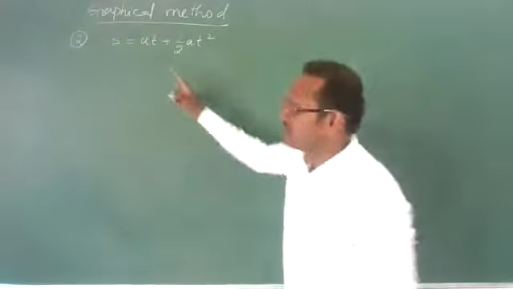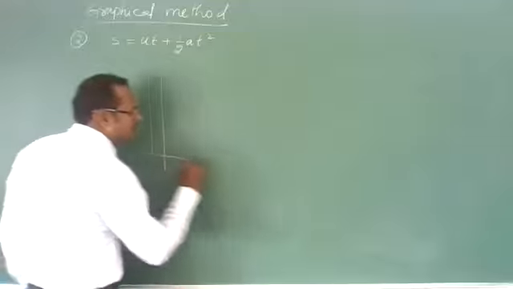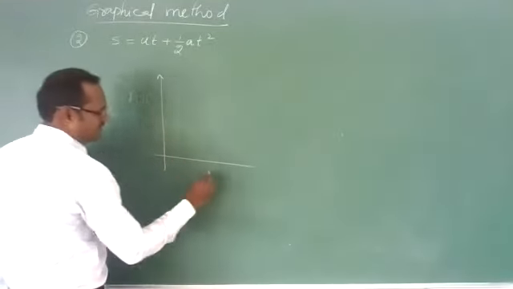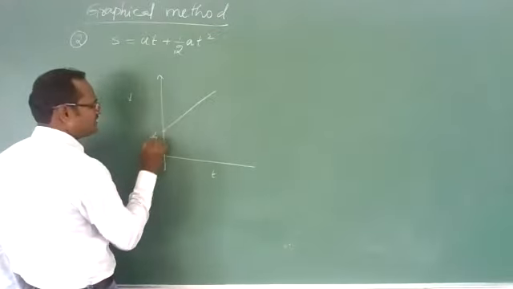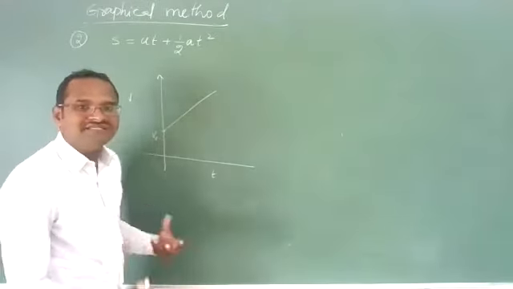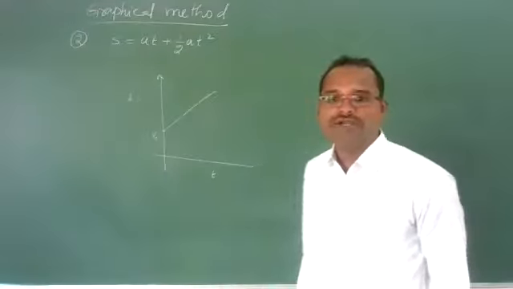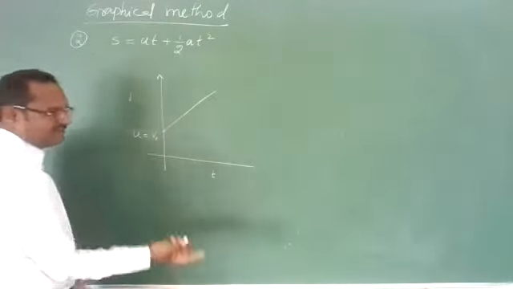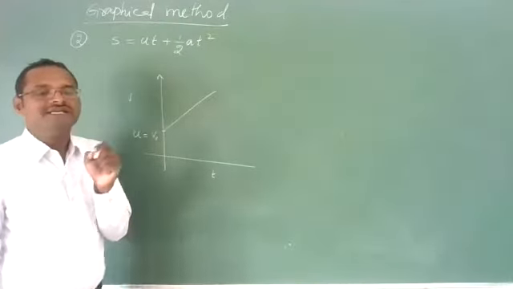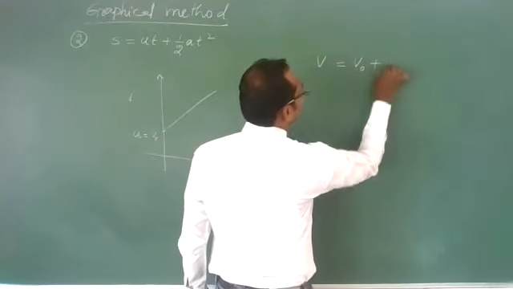Before we do this, in your material, in the velocity and time graph I have taken, I have mentioned the initial velocity as V0. The 0 indicates initial velocity, so V0 means U. I am taking it here as U. If you want, I can take V0 only, and then your equation will become V is equal to V0 plus AT.